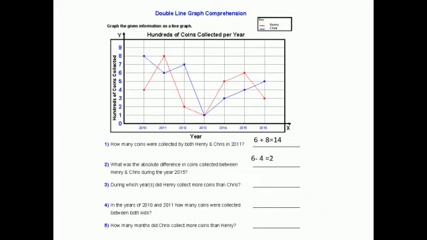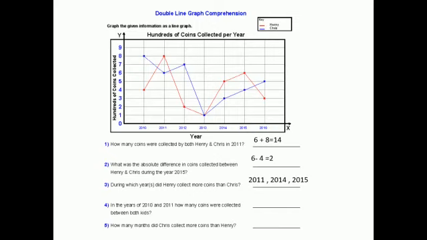Harry collected more where the red line is in the higher position. Which years can you see? 2011. Then where does the red line come up? 2014 and 2015.